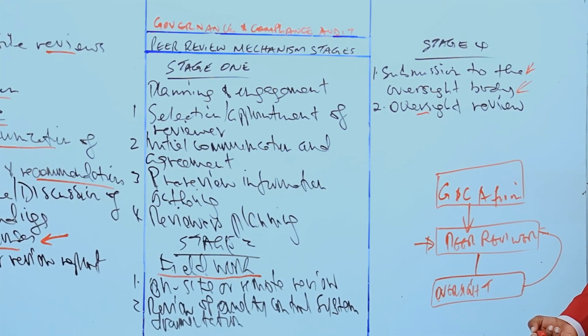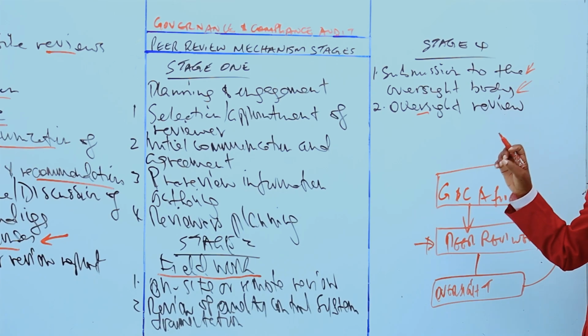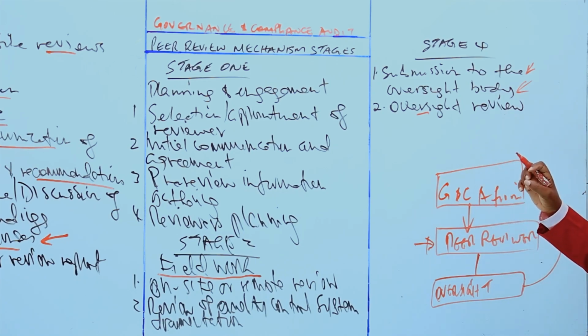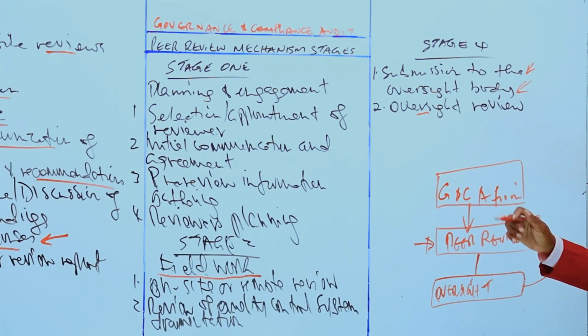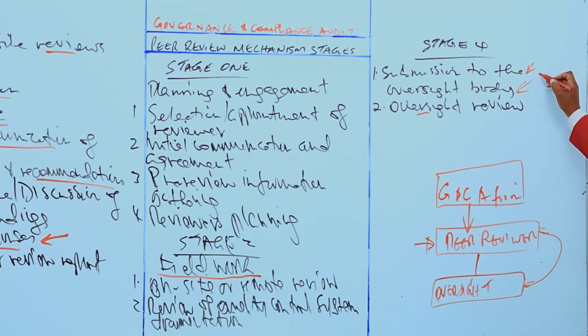You understand? So the oversight or the administrative body checks if the conclusions are appropriate, if the corrective action is reasonable and also sufficient. Then this body, again, may communicate with both the peer reviewer and the reviewed entity for clarification. You understand?